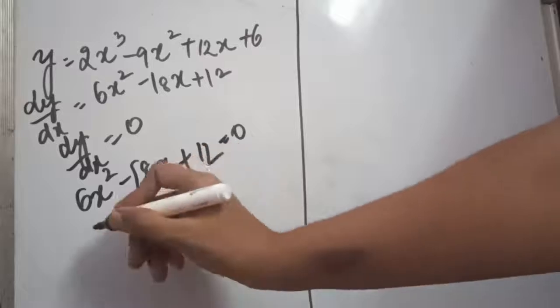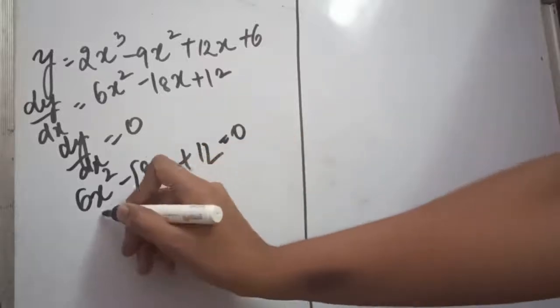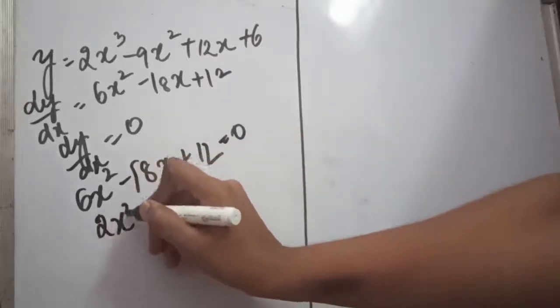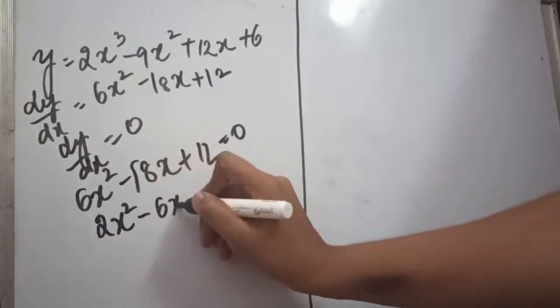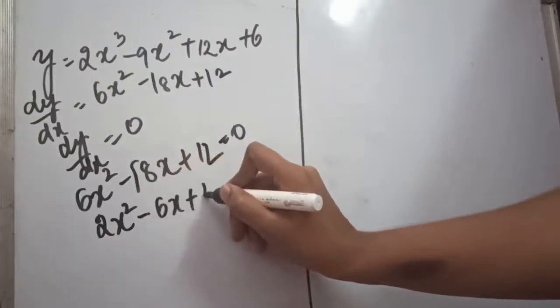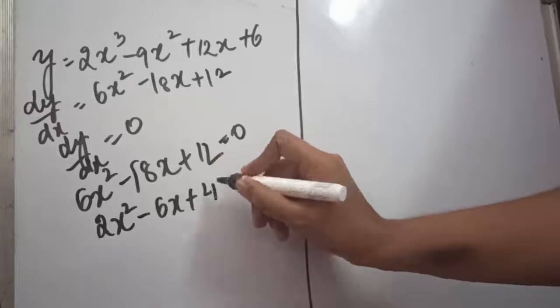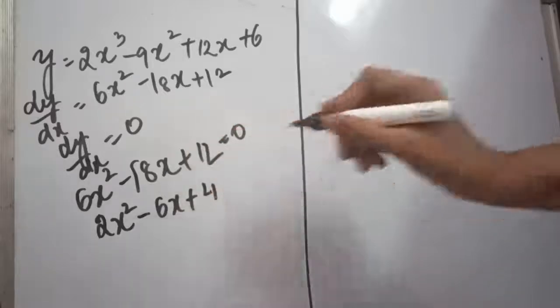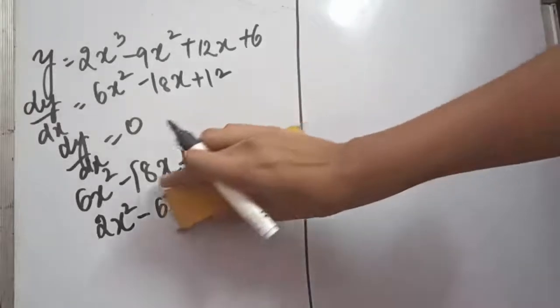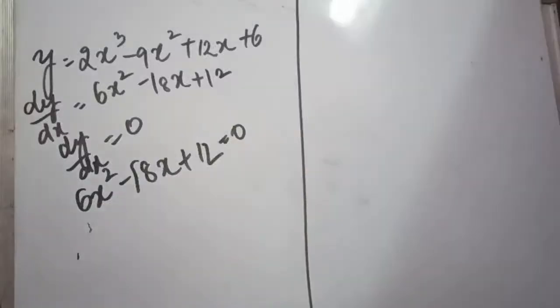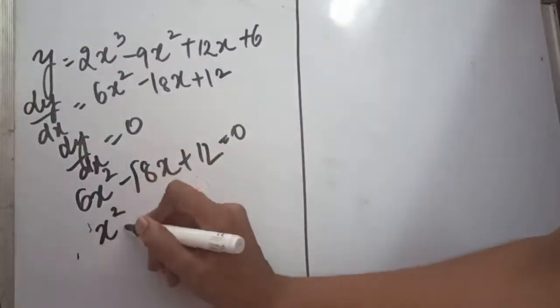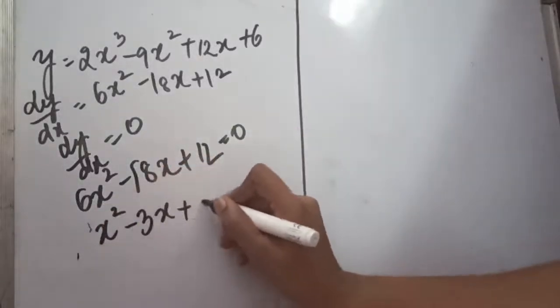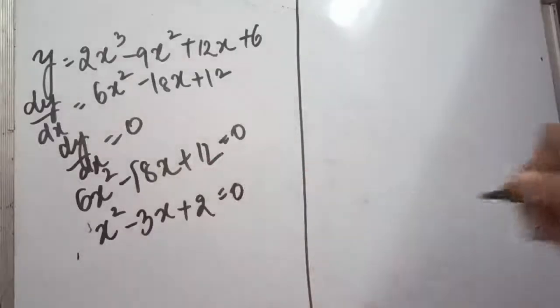Now if we want to take common from here, you can see that 3 is common, so 2x² − 6x + 4. We can also take 6 common. Directly let us take 6 common. It will be x² − 3x + 2 equal to 0.